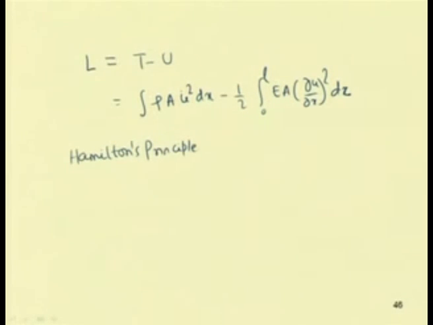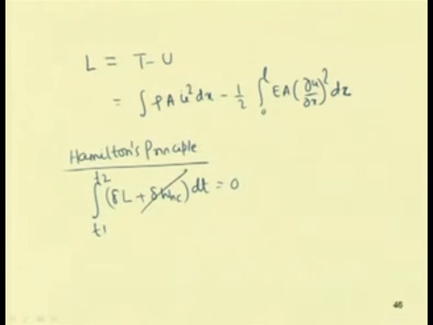If I use this Hamilton principle, you can see that not only the equation of motion, but also the boundary conditions I can get from this. To use this Hamilton principle, as you already know for this continuous system, I can write integral of del L plus del W N C dt equal to 0, but in this case del W N C, the non-conservative work done, equal to 0.